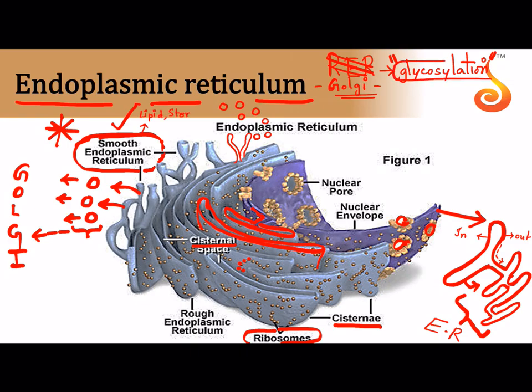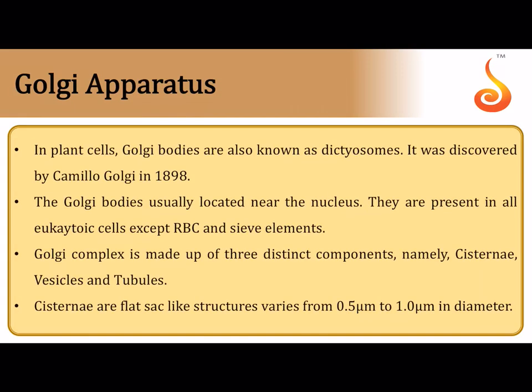So ignore the glycosylation part, I will talk about it when I discuss Golgi apparatus. So lipid and sterol biosynthesis, and then I told you that they help in detoxification of drugs. Another surprising function of smooth endoplasmic reticulum is it is a storehouse of calcium, especially in muscle cells, and it also passes on, like I told you, these secretory substances to the Golgi complex.